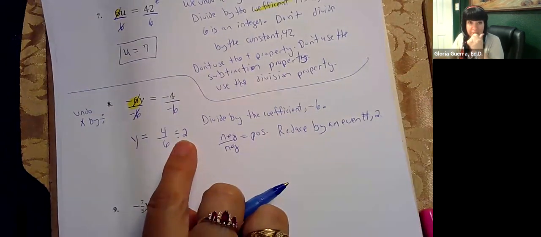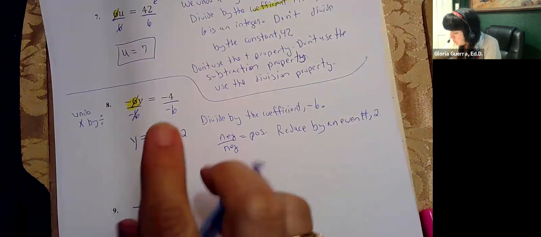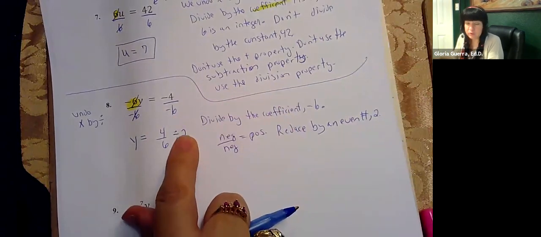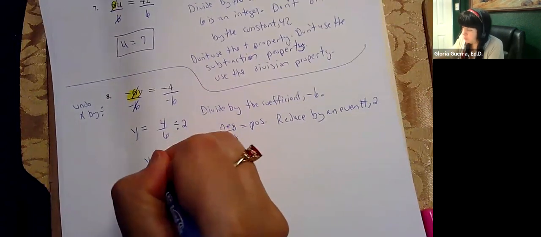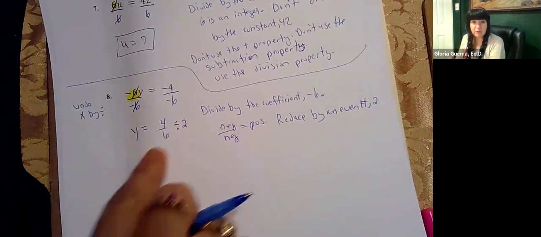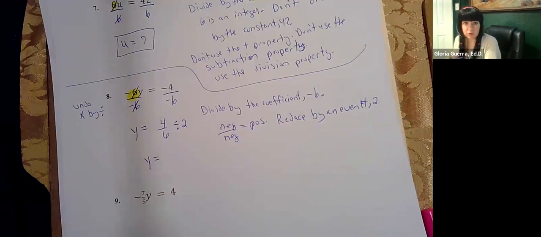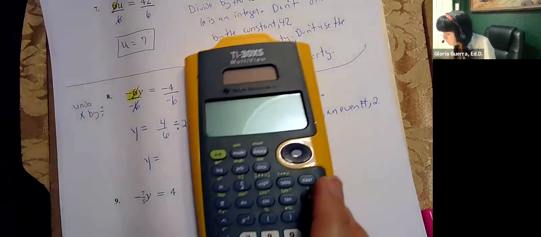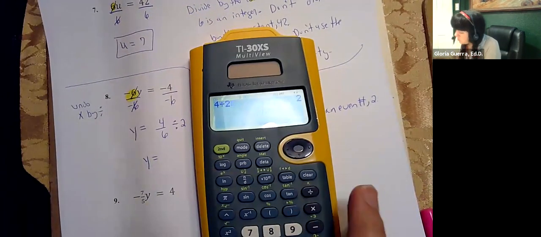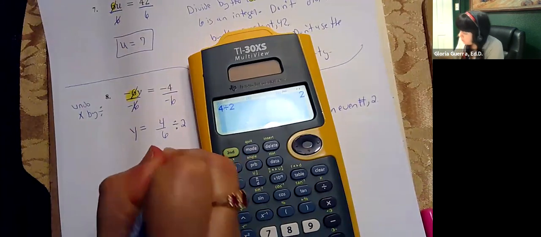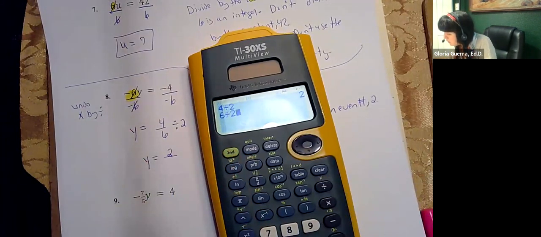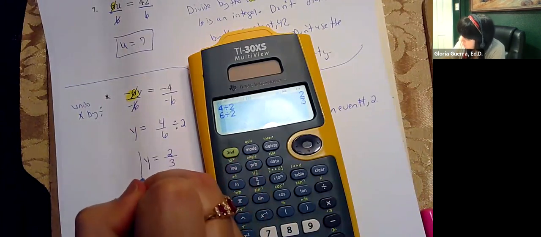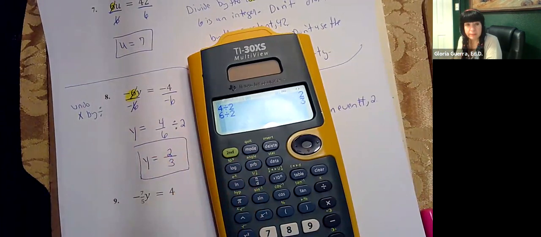You should do this on your test: when you reduce things, let your teacher know what you're reducing by. 4 and 6 are both even numbers, so you're safe with 2. 4 divided by 2 is 2 on top, and on the bottom, 6 divided by 2 is 3, so 2/3.